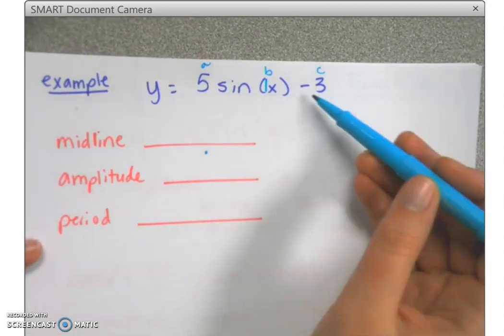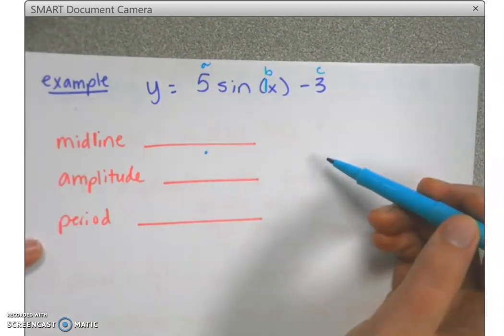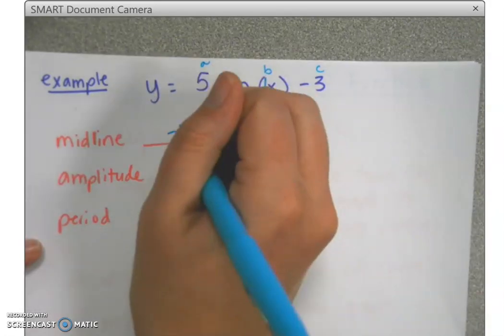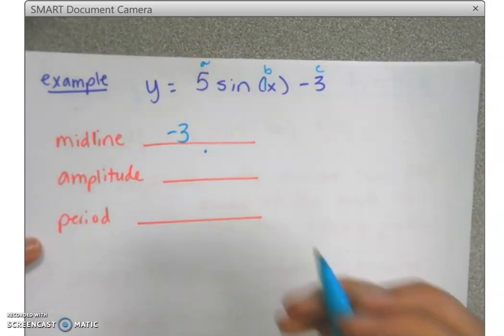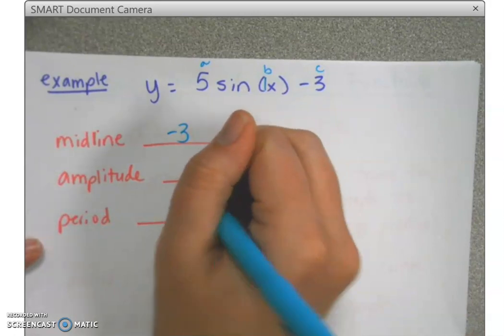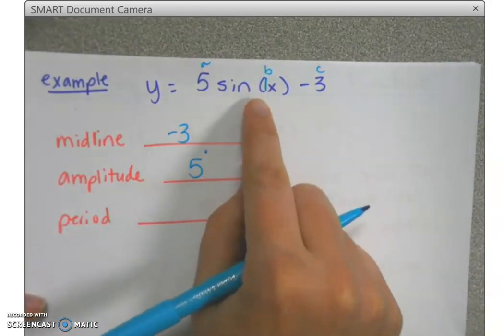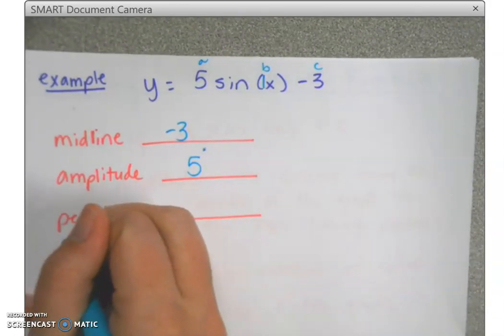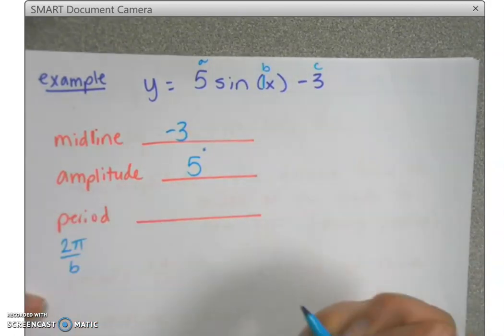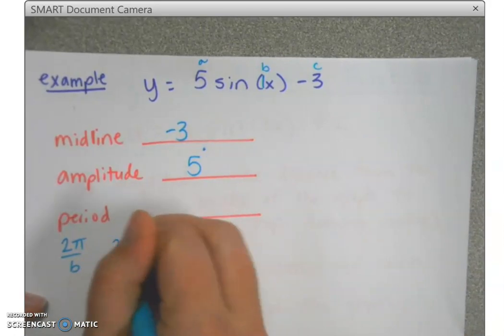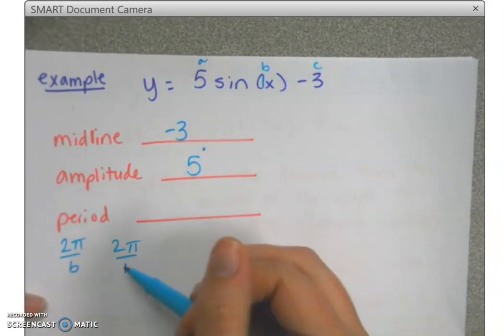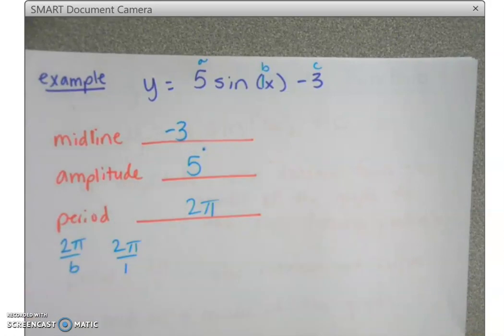That means this graph was shifted down 3. Okay? Your vertical shift went down 3. Amplitude is A. My period is not 1. It is not 1x. It is 2 pi over B, which in this problem is 2 pi over 1. 2 pi over 1 is just 2 pi.